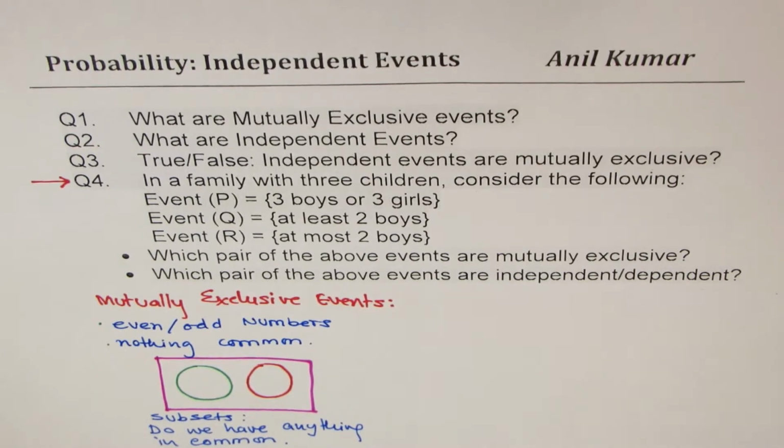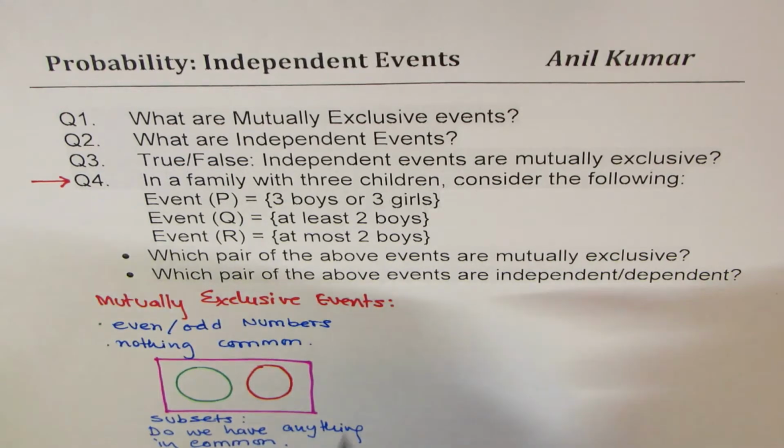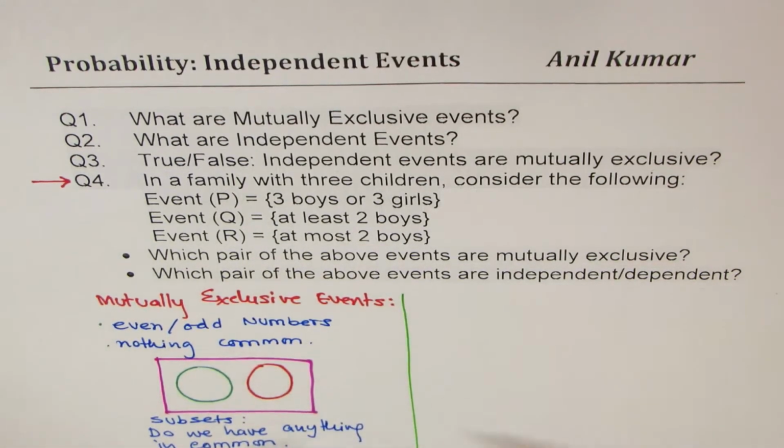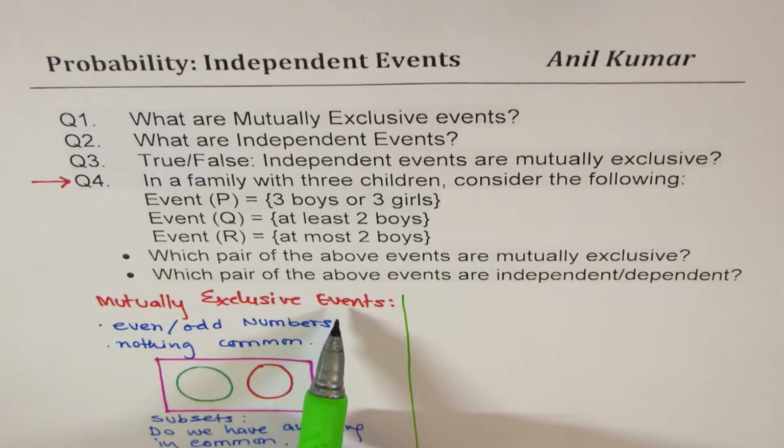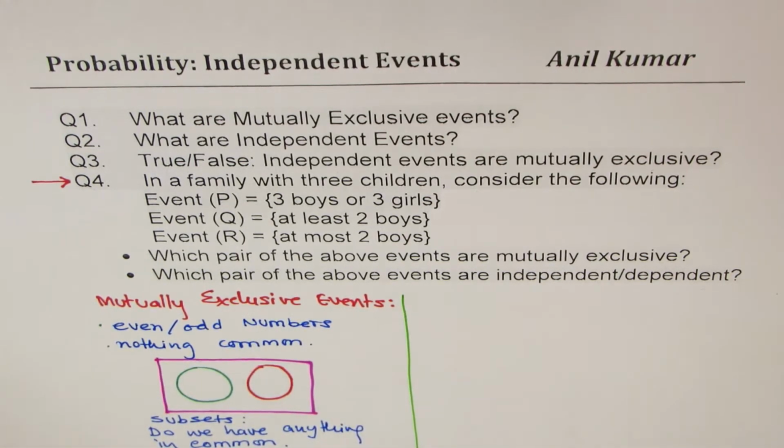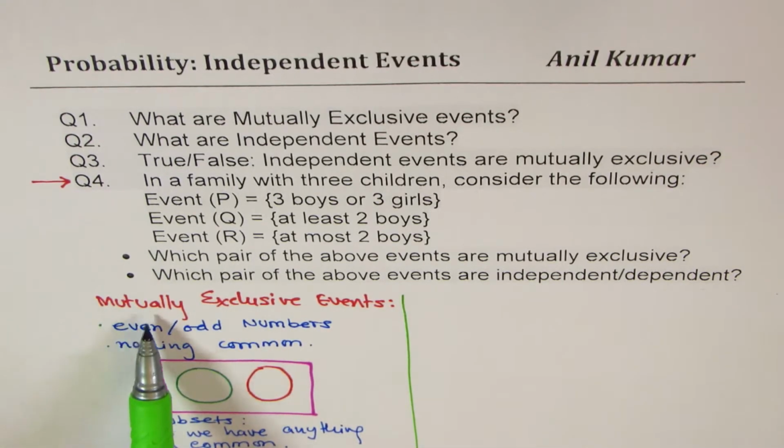So when you are answering these questions, you're trying to figure out whether the events are mutually exclusive or not. Is that clear, right? So you'll also realize that you learned mutually exclusive even before discussing about probability, right? So there is no reference of probability when you talk about mutually exclusive events. Am I clear?